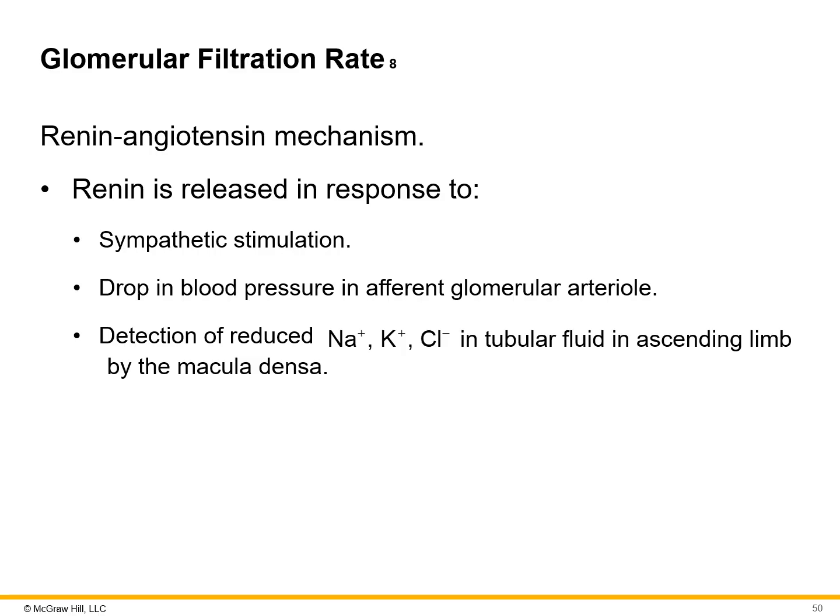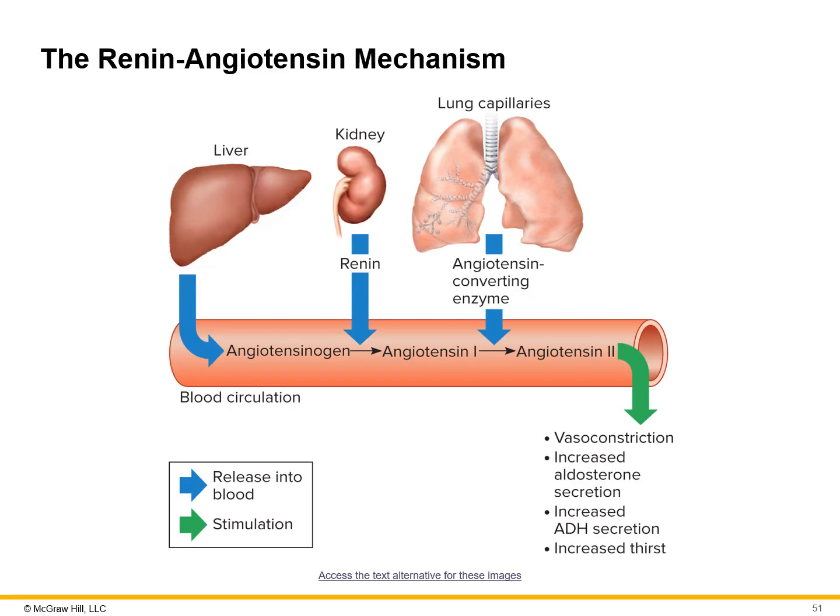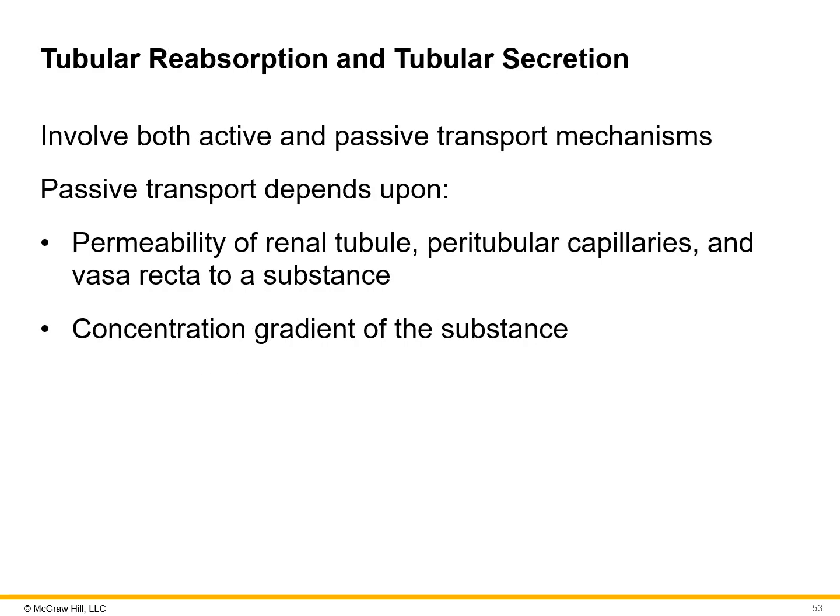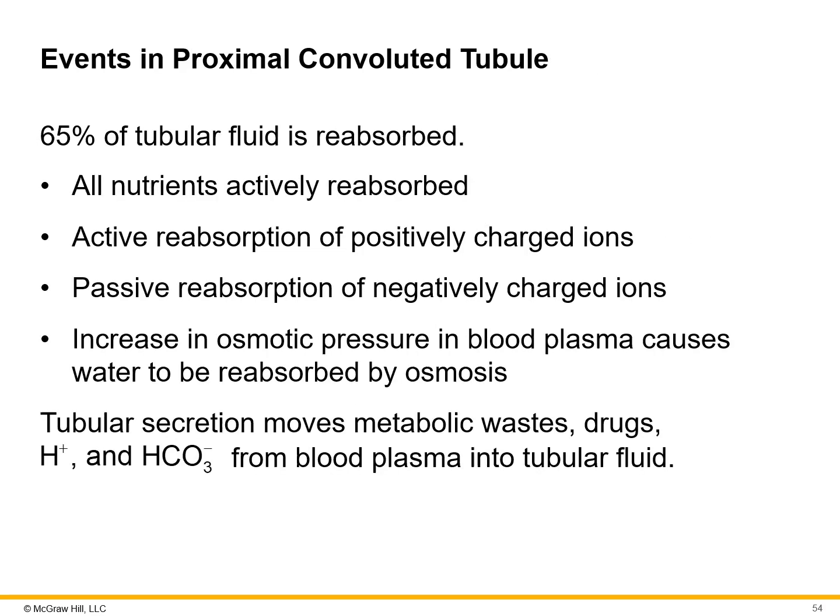All right. We're going to go to slide 54. In the process of your tubular secretion, any substances that are unwanted are moved from the blood to that tubular fluid. But if you see here, it says 65% of your tubular fluid is reabsorbed.